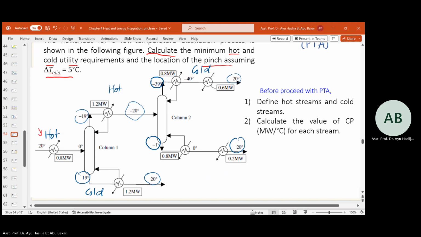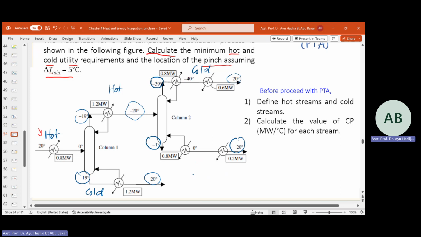Wong Jian Ming, cold or hot? -1 to 20. Cold or hot? Cold.